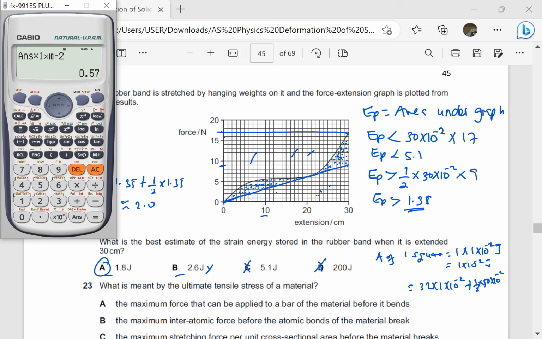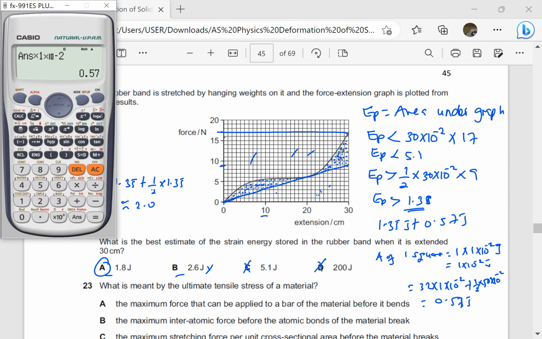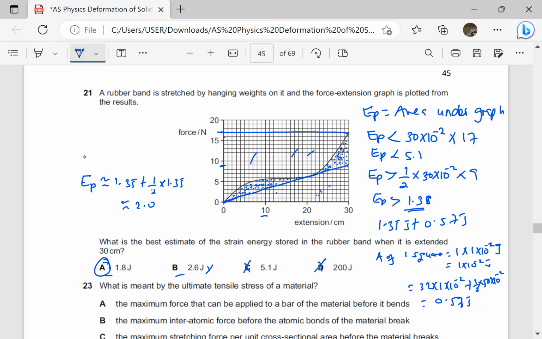So imagine on the triangle at the bottom, whose area was representing 1.35 joules, you add 0.57 joules. So you have 1.35 plus 0.57, which gives us approximately 1.9. So the best estimate is very close to 1.8. Note how I got the energy here by counting the number of squares and multiplying by the energy of the area of one small square in terms of joules.